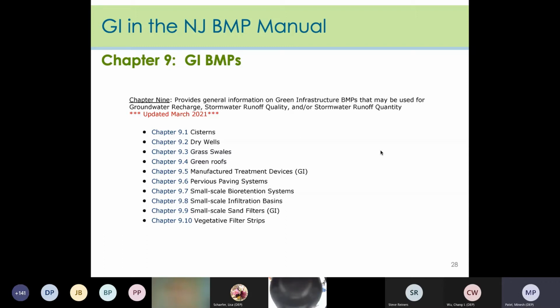Subsection 5.2 of the rules includes 3 tables, and they list the BMPs that may be used to meet the design and performance standards. The tables found there specify information on how each BMP may be used. Table 5.1 coincides with Chapter 9 of the BMP manual, which are the GI BMPs.